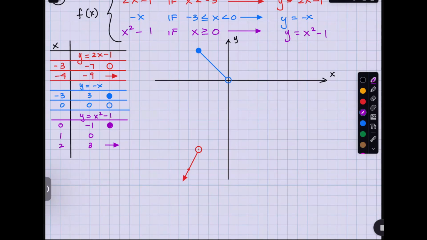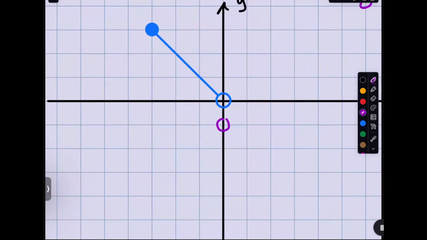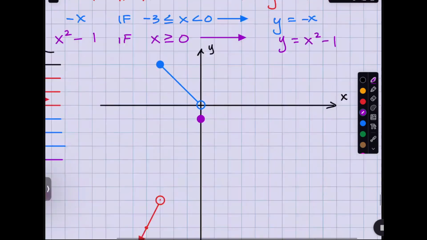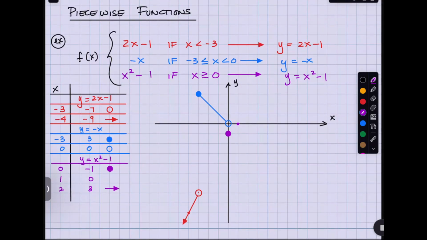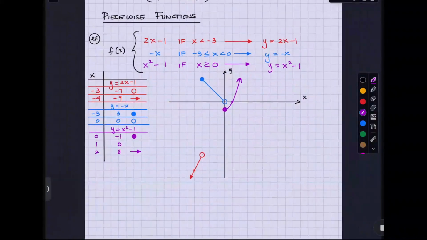Zero, -1, closed circle. One, 0. 2, 3. Arrow. There's my graph.